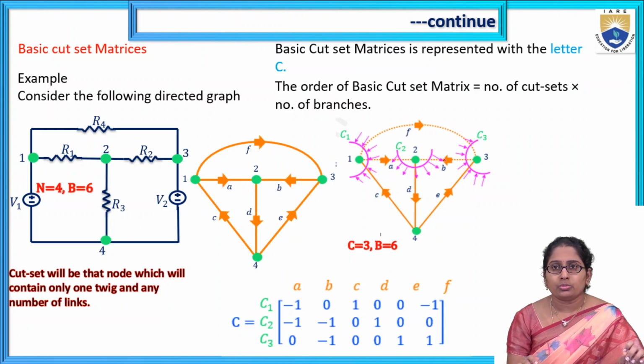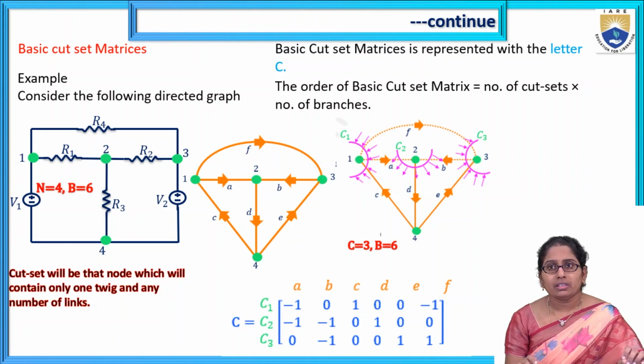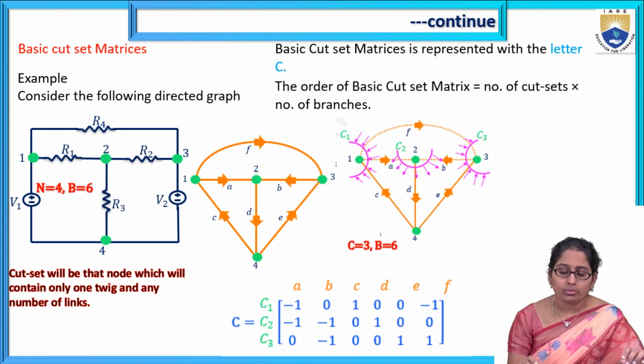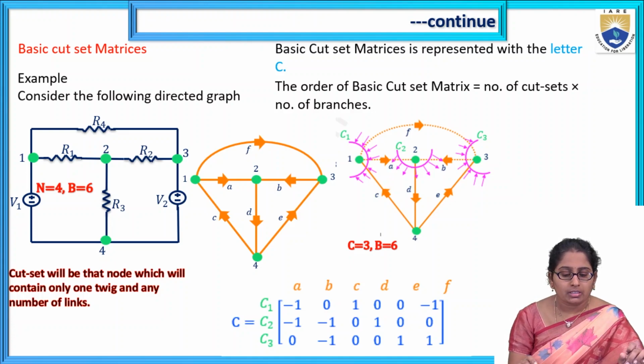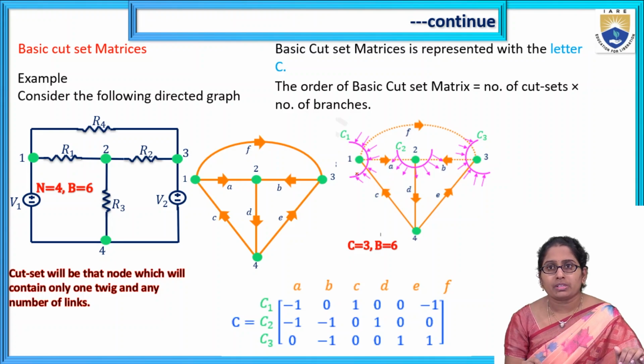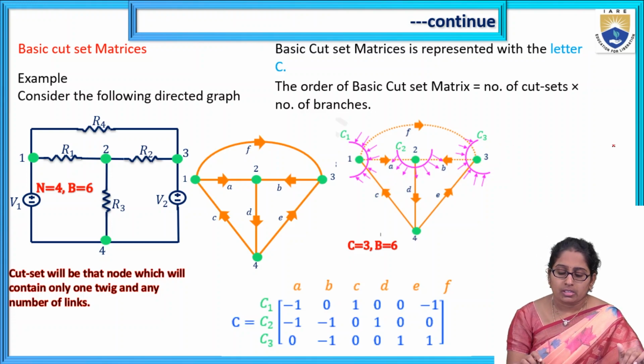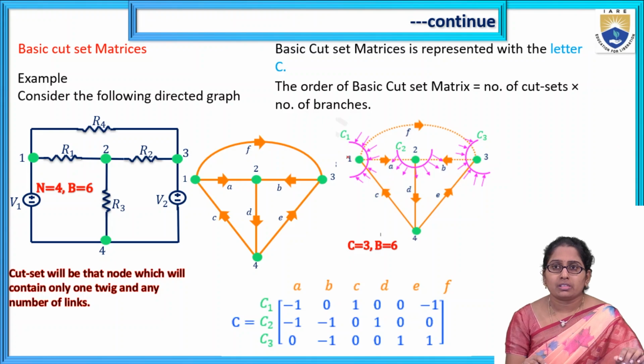First thing is how to get the cut set, where to draw the cut set. Here cut sets are represented with the letter C, and the numbering is the number of cut sets: C1, C2, C3 and so on. You can see the cut set is represented.